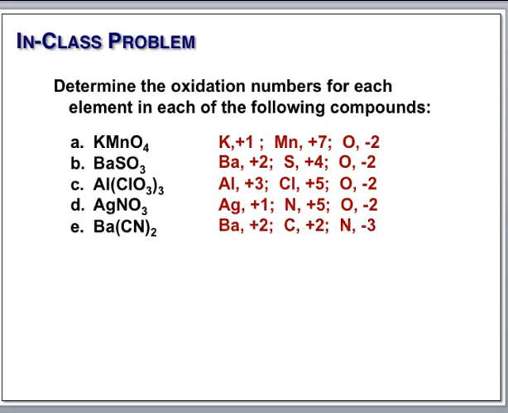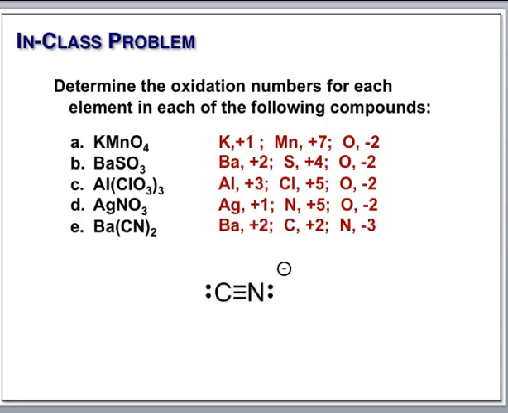Well, the answer is carbon is +2, nitrogen is -3. But how did I know that? If you have something that's not governed by our rules, what you do is you just look at the Lewis structure.